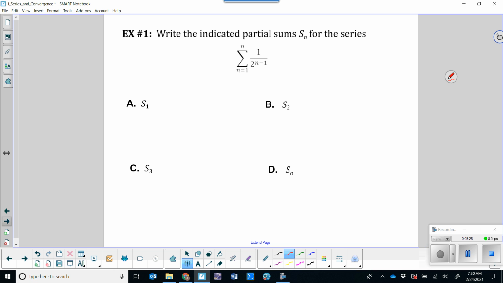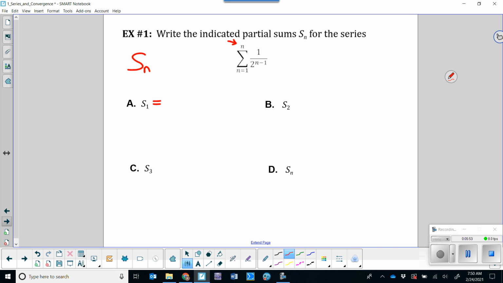All right, so we're going to write out the set of partial sums for this series. So this series just goes to n, which means that it's not an infinite series. So we're just saying we want to add up so many terms. Well, S1 means I'm going to go from n equals 1 to 1 on the top, because n here, in S_n, is the generic term.